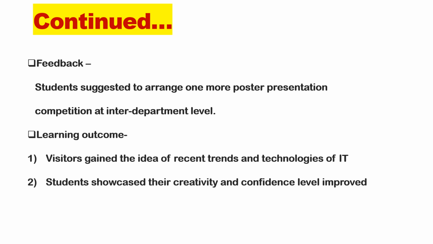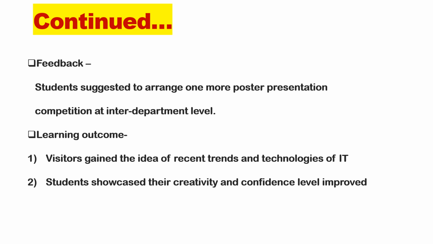Now the last point that you have to mention is learning outcome. What is the outcome of the activity conducted? That is very important. The first outcome that I got is that visitors gained the idea of recent trends and technologies of IT. Recent trends and technologies of IT was the topic given for the poster presentation competition, and because of that the visitors gained knowledge about the same.